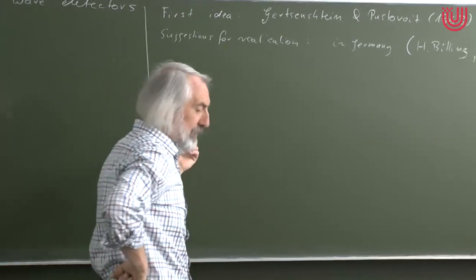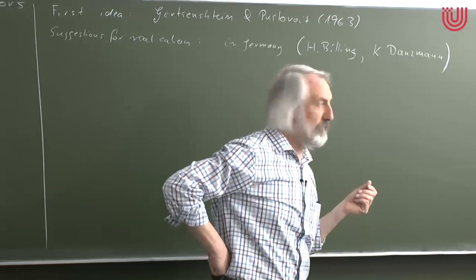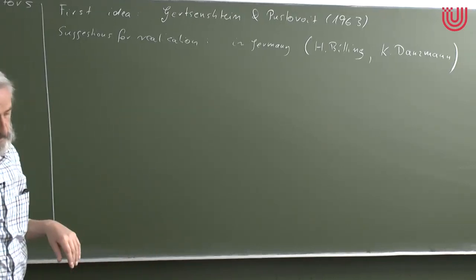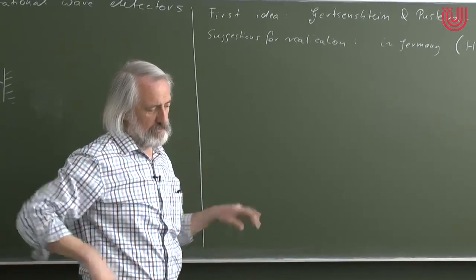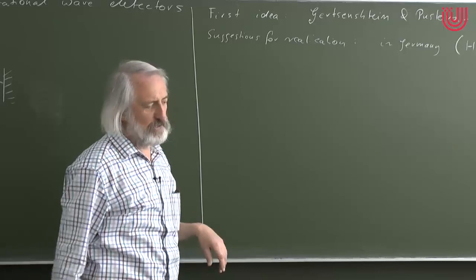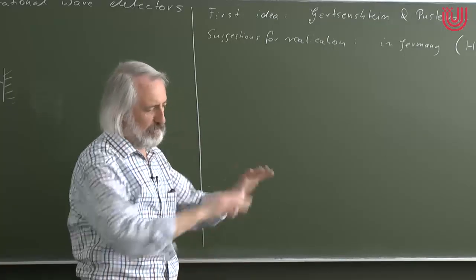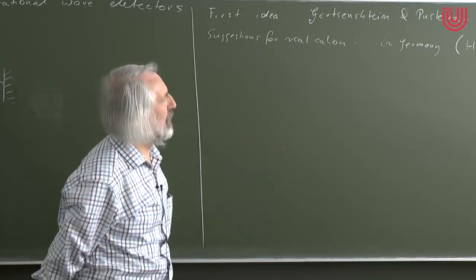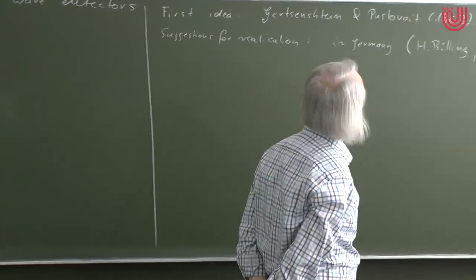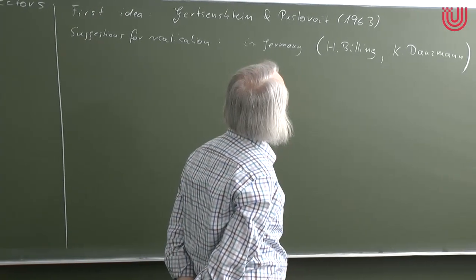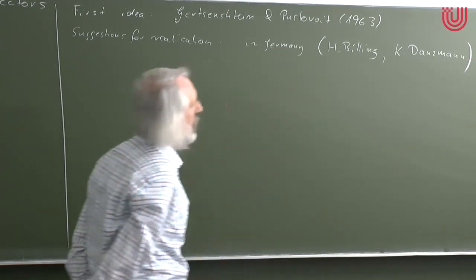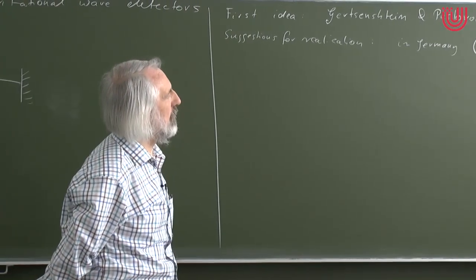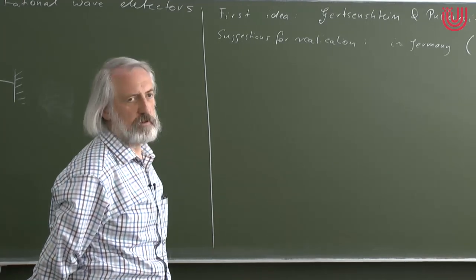Actually, it was originally planned to be built near Munich. I remember in the 1970s when this development started, the pictures and simulations which showed the detector always had the Alps in the background. So the idea was to place the detector near the Alps, but then they found out that the seismic background is more appropriate here in the north, I guess that was the main reason.